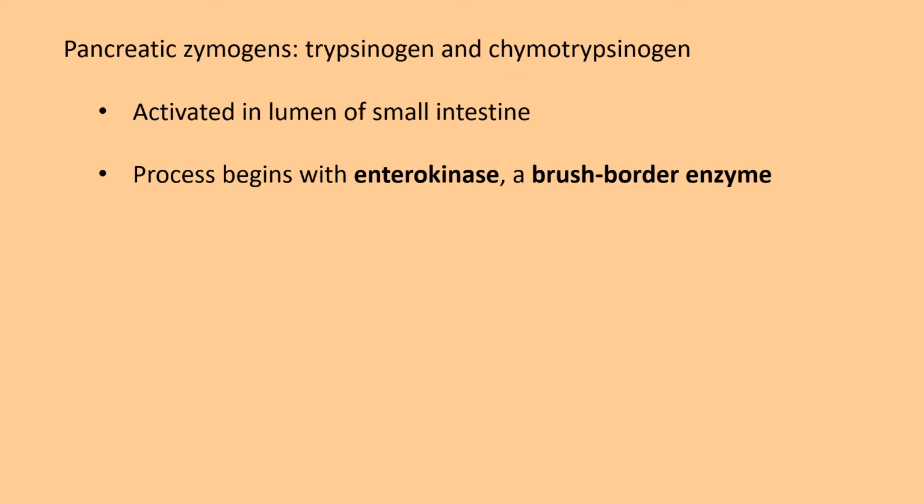And enterokinase will be our introduction to brush border enzymes. Enterokinase is a brush border enzyme. We will cover just two brush border enzymes, enterokinase, and a little bit later we'll talk about lactase. But there are many different brush border enzymes, and they are an important component of chemical digestion.